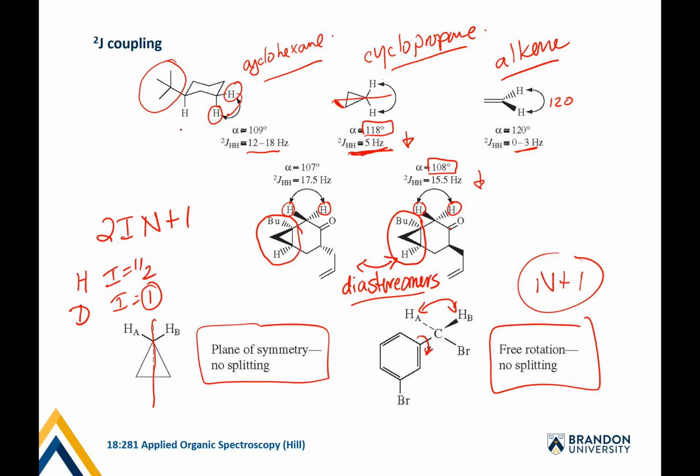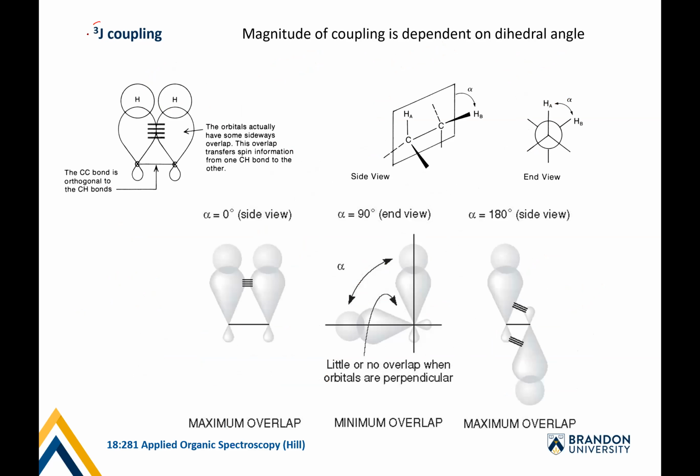Okay, let's see here. With 3J coupling, this is our vicinal coupling. This is the most common one for the n+1 rule to work. It's interesting, the coupling for this is really dependent upon the way that the orbitals overlap with one another.